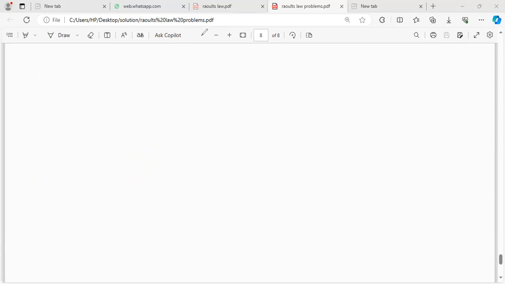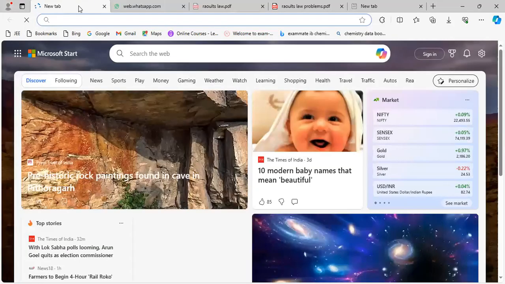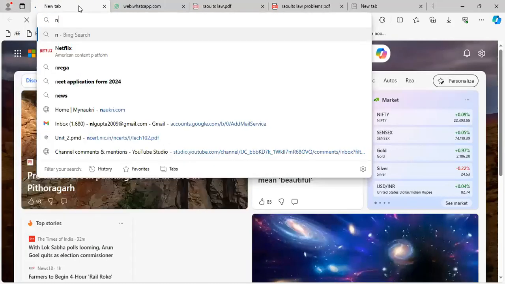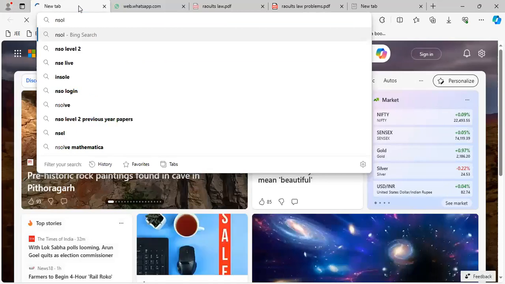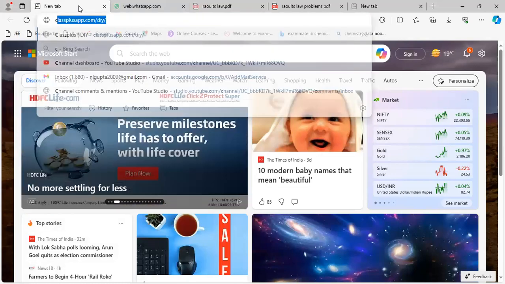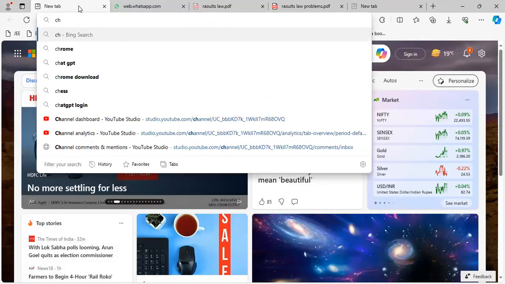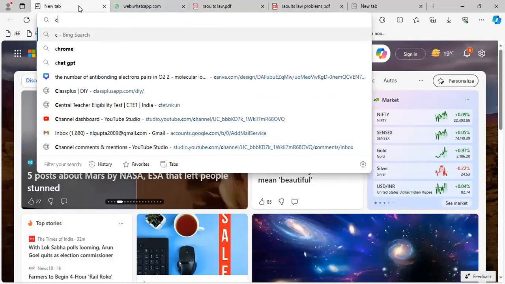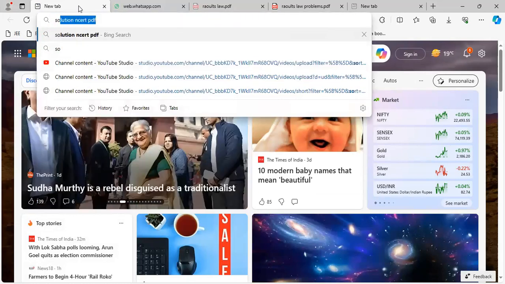So what you do now, the next point, come back to here, you see what are the next things which we can learn. NCERT.